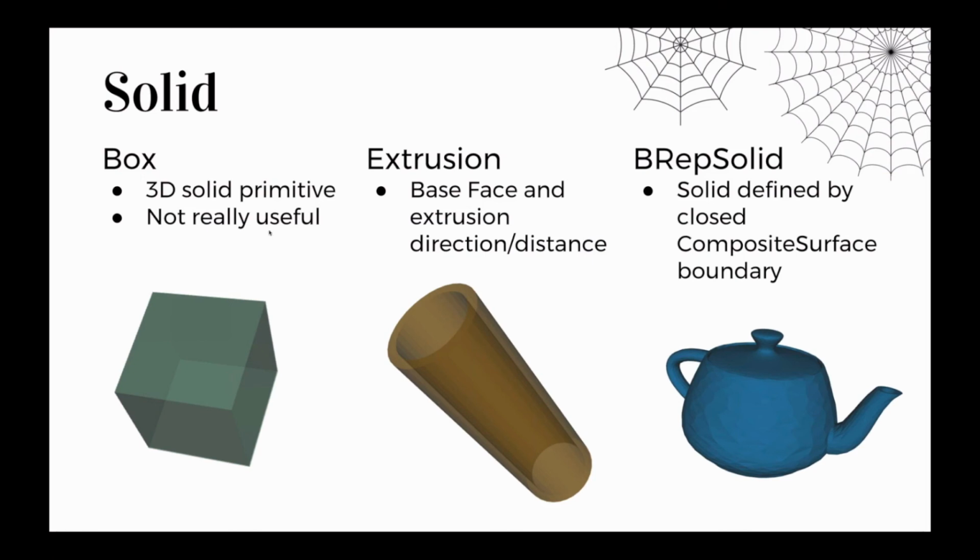Yes, there we go. Next is something a little more useful. This is extrusion, and the extrusion is essentially a base face. We have a polygonal object, it can actually be a polygon too, or a face, and it is essentially an area, and we take that area and extrude it in a direction, and that creates the solid.